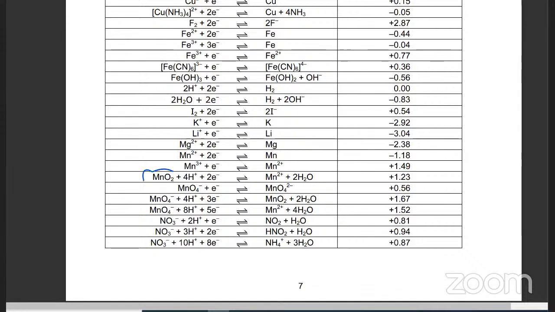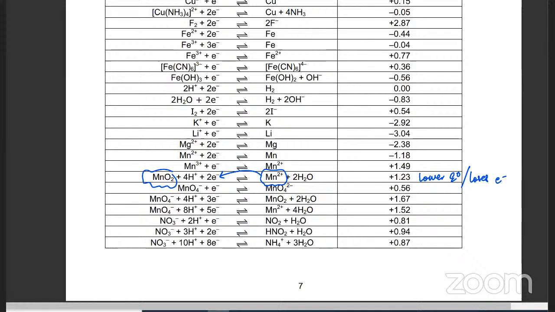At the start, I had MnO2 and it turned into Mn2 plus. So in step number 2, it should lose electrons and turn back into MnO2 because the catalyst has to be reformed. Who loses electrons? The one that has a lower E naught, right? Now I'm trying to predict the second reaction, so it must be the one that should be losing electrons.